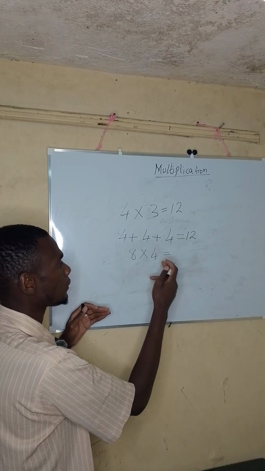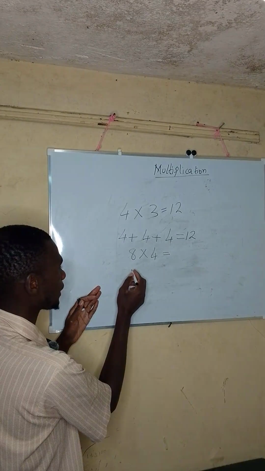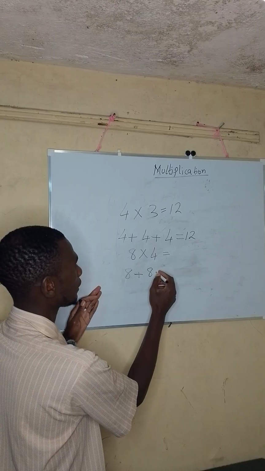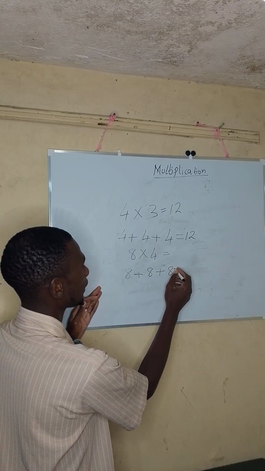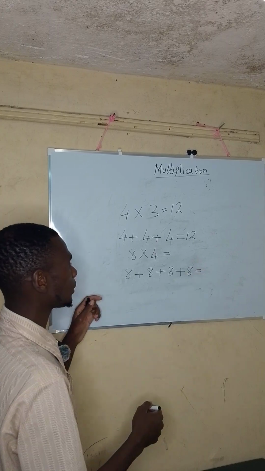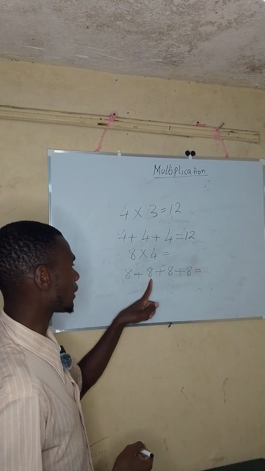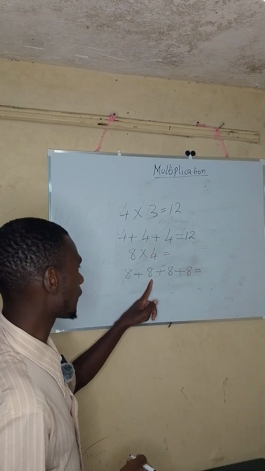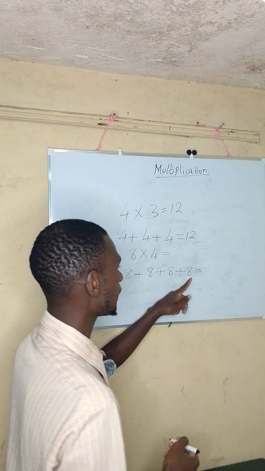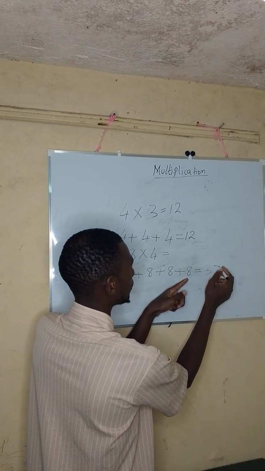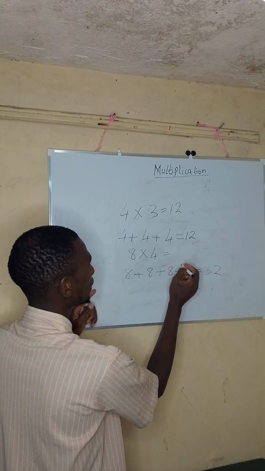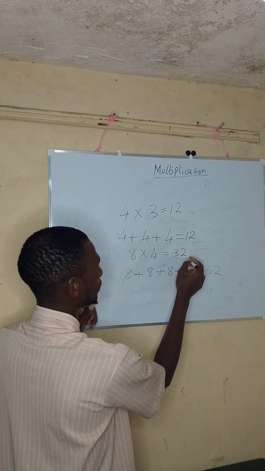That means you have 4 8s: the first 8 plus the second 8 plus the third 8 plus the fourth 8. 8 plus 8 is 16, 16 plus 8 is 24, 24 plus 8 is 32. So 8 times 4 gives you 32.